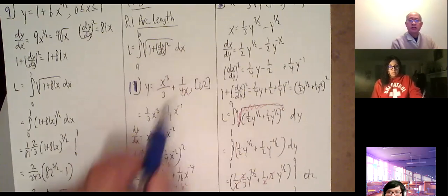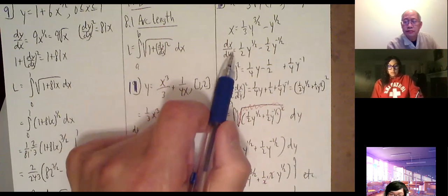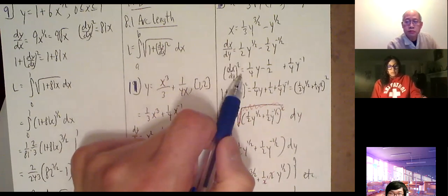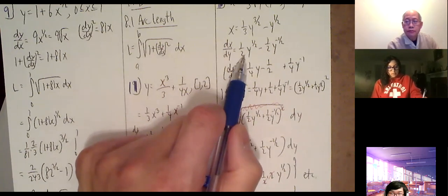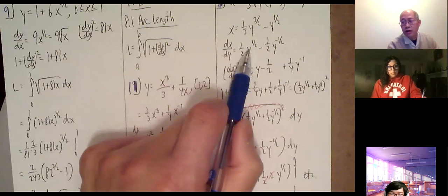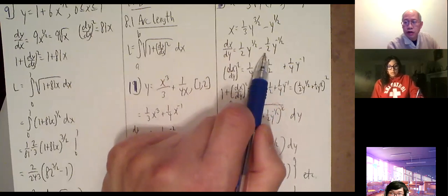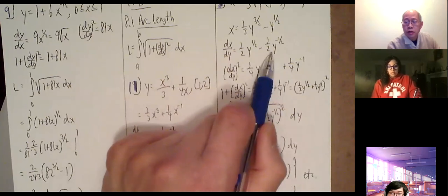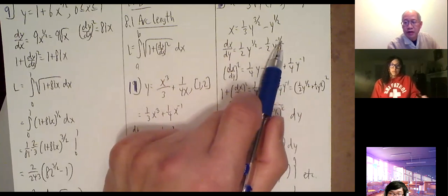Okay, so it's a similar kind of game as over here. If you square this, 1/2 squared is 1/4. Y to the 1/2 squared is y. Or think of this as radical y. Radical y squared is y. This one squared is 1/4 y to the negative 1. Right, if you multiply negative 1/2 by 2, you get a negative 1.